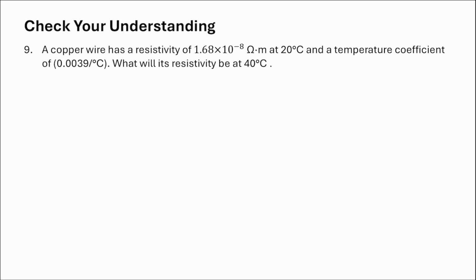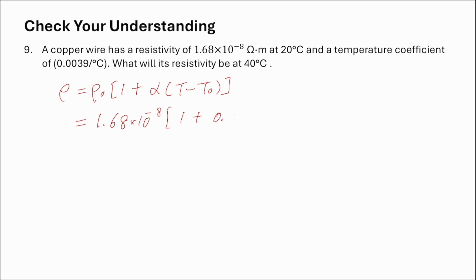We start with rho equal to rho naught, the original, times 1 plus alpha, the temperature coefficient of resistivity, times T minus T naught. The original is 1.68 times 10 to the minus 8, 1 plus the alpha, which is 0.0039 per Celsius. And how much change? 40 minus 20, final minus initial.